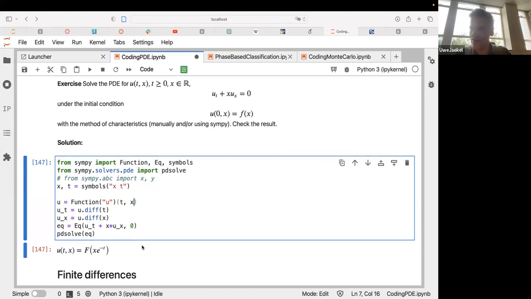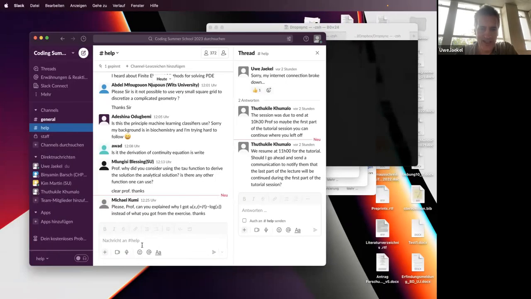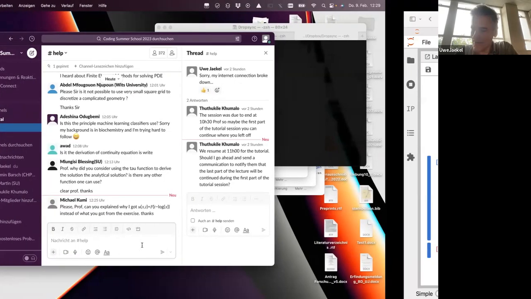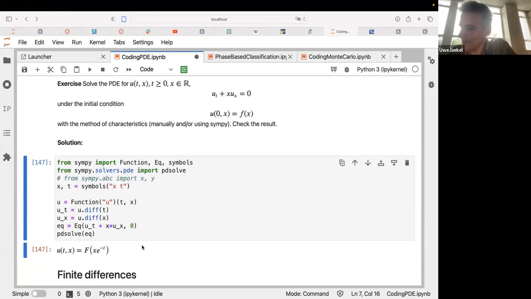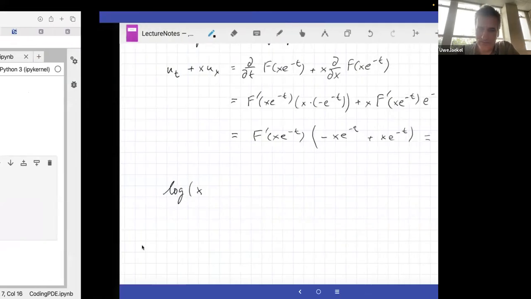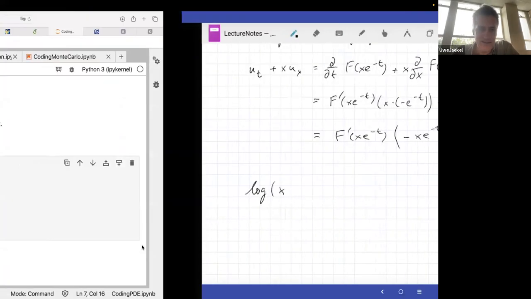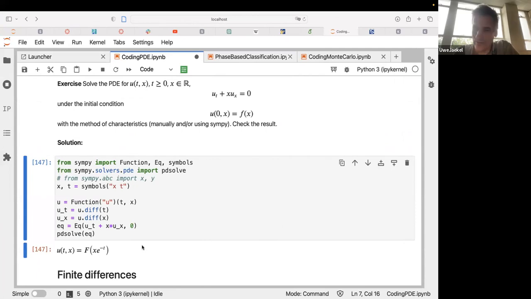And you can transform these solutions. So the reason is, let me copy what Michael had.